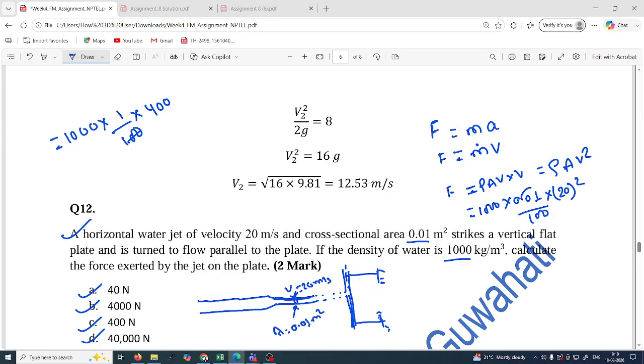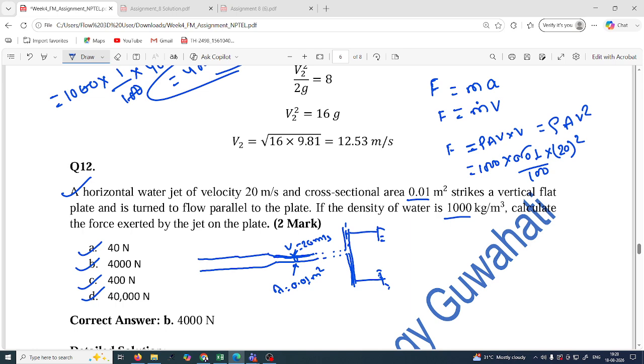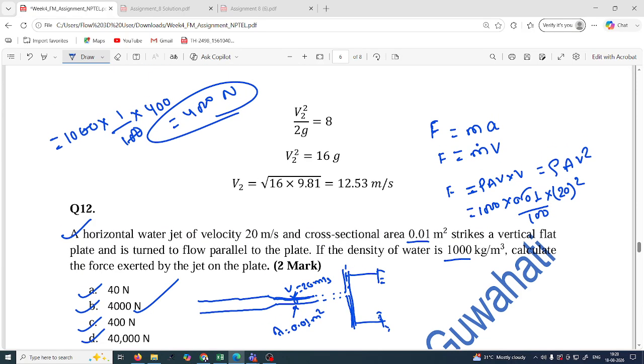So 20 and 20 will cancel out, and finally you will come up with 4000 Newton. So option B will be correct here. Your final answer is 4000. So option B will be correct here.